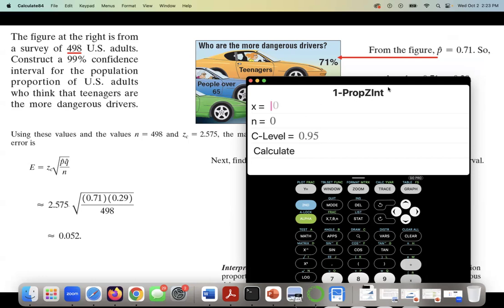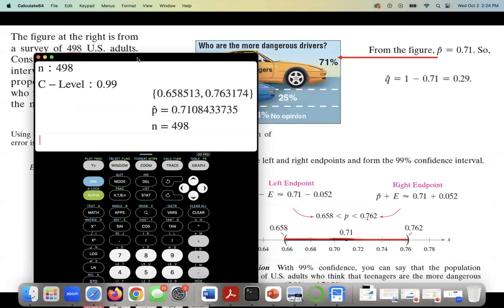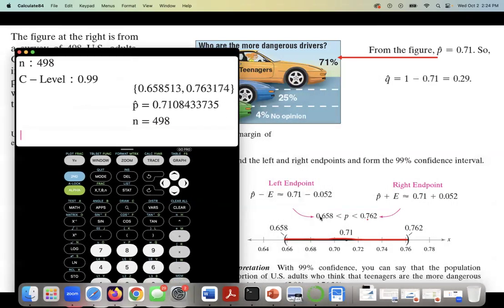So 354. And how many people participated in that survey? 498. Confidence level, 99%. Let us do the calculation. Compare these values with the values that you calculated in algebra.